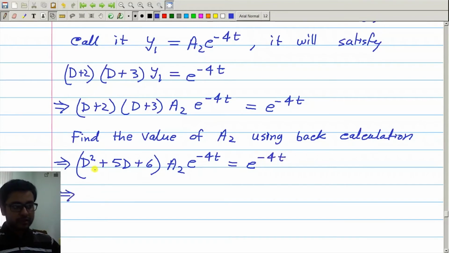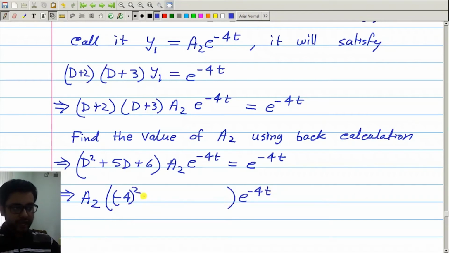Now if you perform this operation on this A2 e to the power minus 4t, you shall get this. A2 is a constant, then second derivative of e to the power minus 4t will be minus 4 square multiplied by e to the power minus 4t.